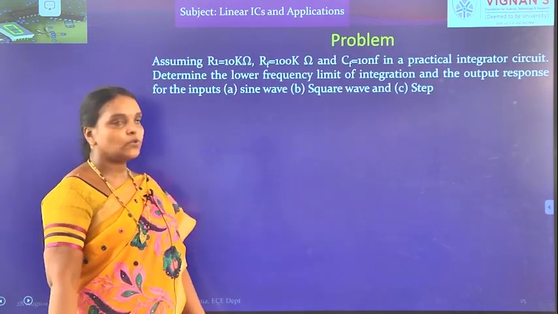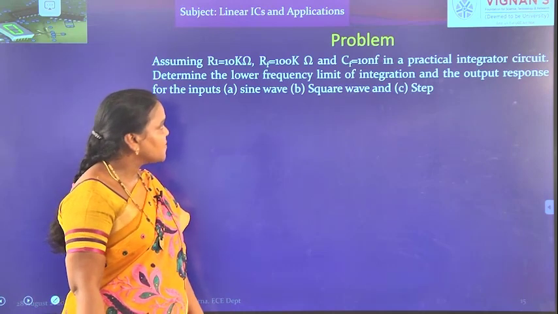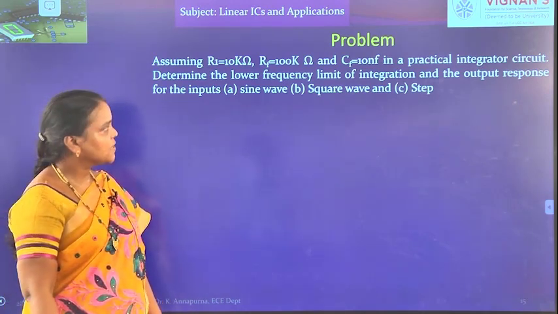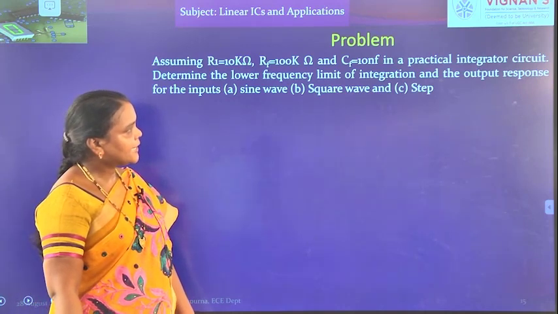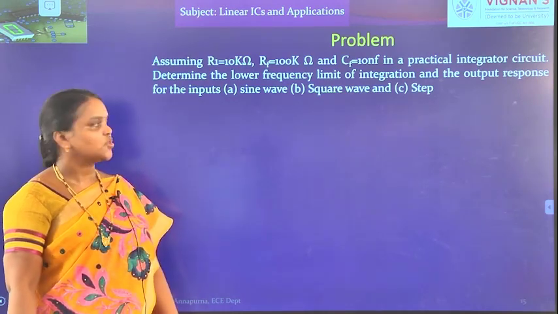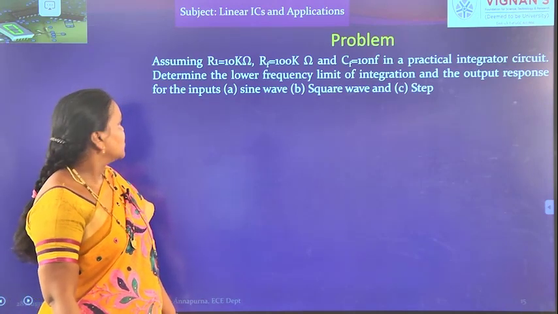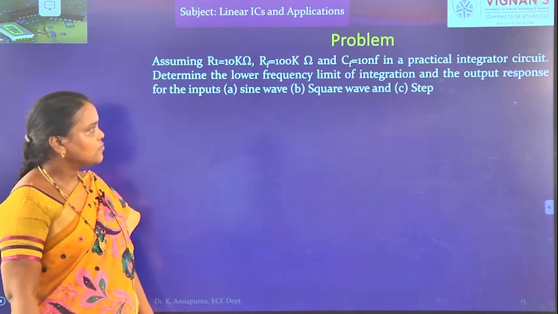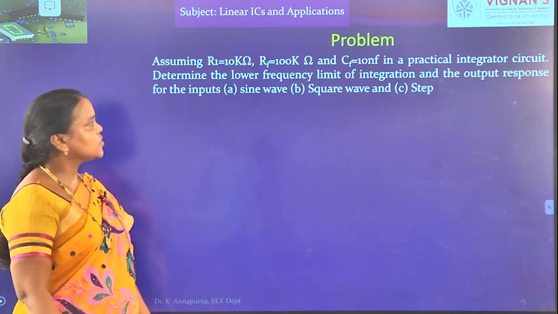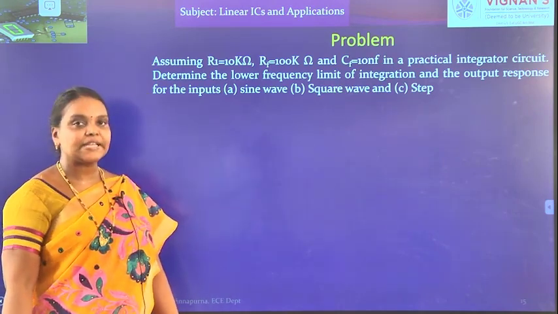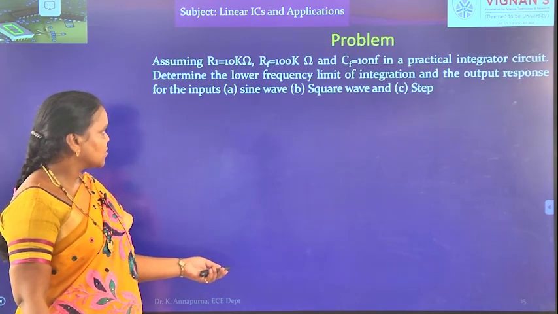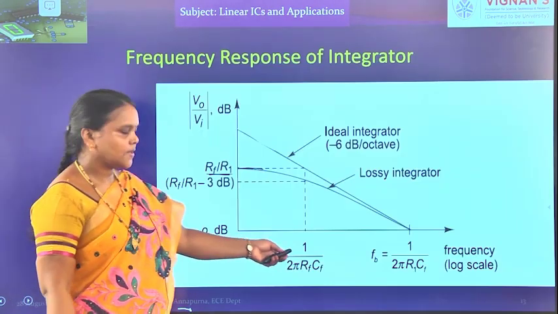Assuming R1 equal to 10 kilo ohms, Rf equal to 100 kilo ohms, Cf equal to 10 nanofarads. In a practical integrator circuit, determine the lower frequency limit of integration and the output response for the inputs sine wave, square wave and step. Okay. So, first, how to find the lower frequency limit of integration? The lower frequency limit of integration is nothing but Fa.